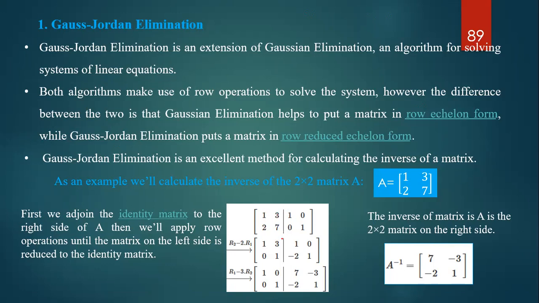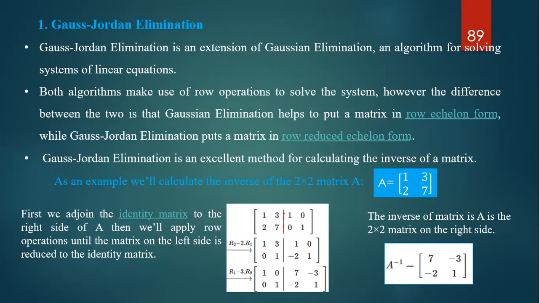Then we augment it, which gives the augmented matrix, and add the unit matrix 1, 0, 0, 1. This is because it is a 2 by 2 matrix, so we have only 2 unit vectors. If it is 3 by 3, we will add 3.